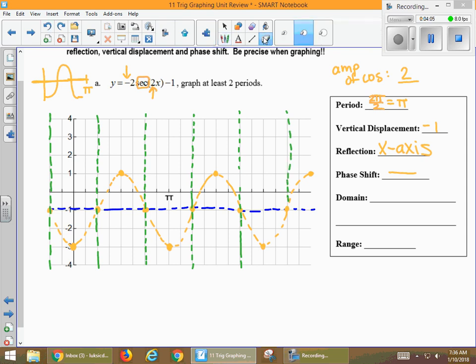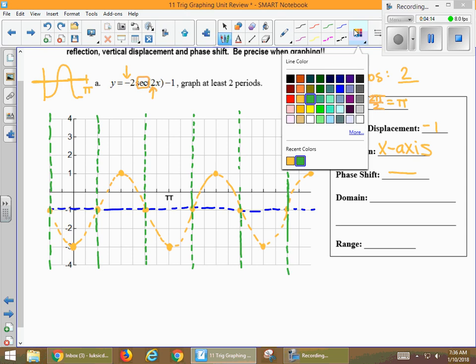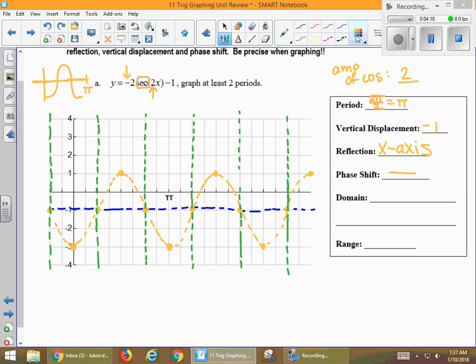All right, and our curves go in the opposite direction of our cosine curve. So they're going to meet up. And you don't have to plot points, but they need to be nice. If you needed points, I would let you use your calculator if you needed those points in between.